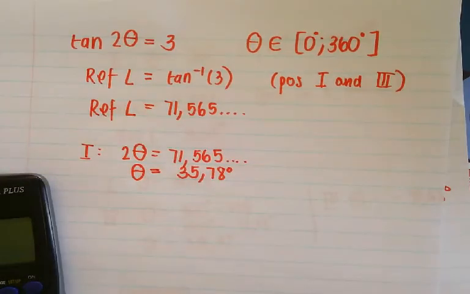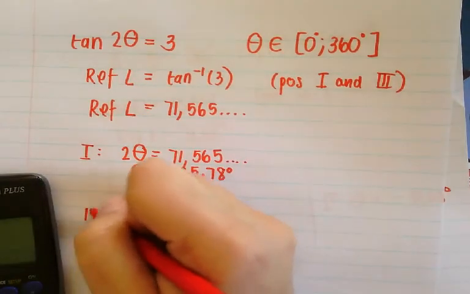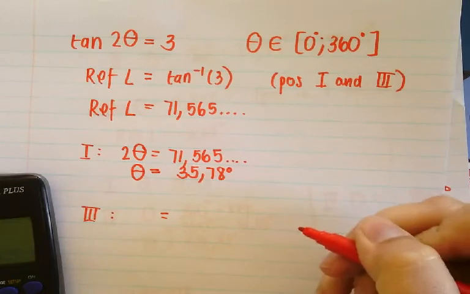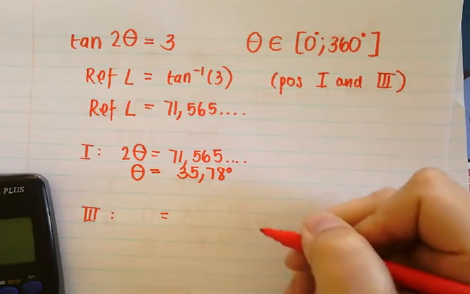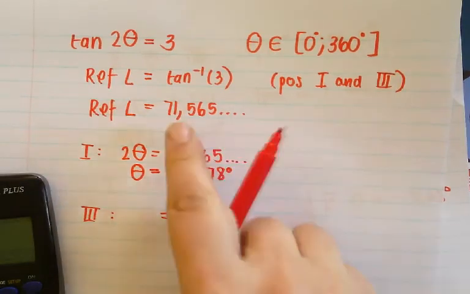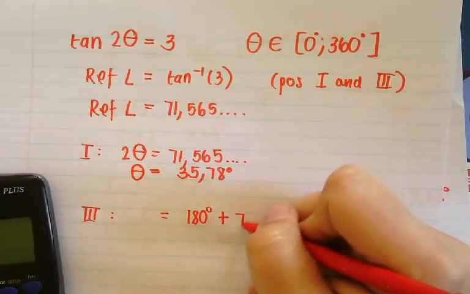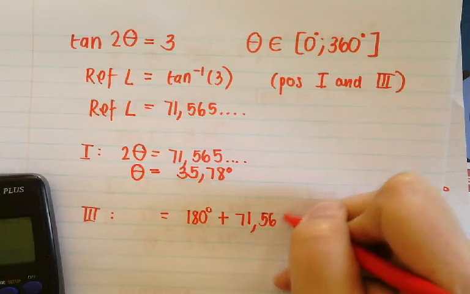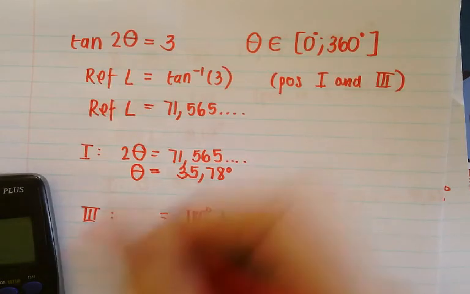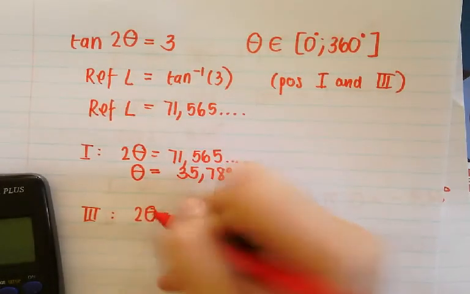But I still have to do quadrant 3. I know quadrant 3 is what? Which reduction formula? 180 plus my reference angle. But it's not going to be theta equals, it's going to be 2 theta equals.